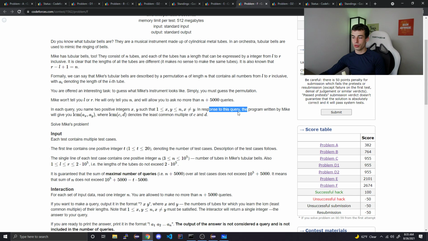In each query, you'll give 2 positive integers, x and y. In response, the program written by Mike will give you, so they can't be equal, yeah, the LCM of ax and ay. Oh, so it's a permutation as well.